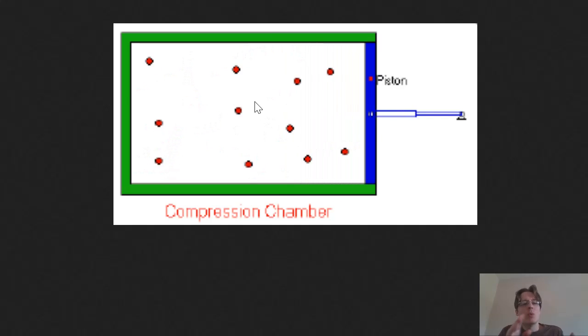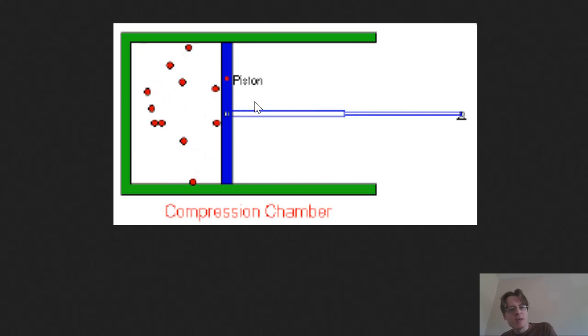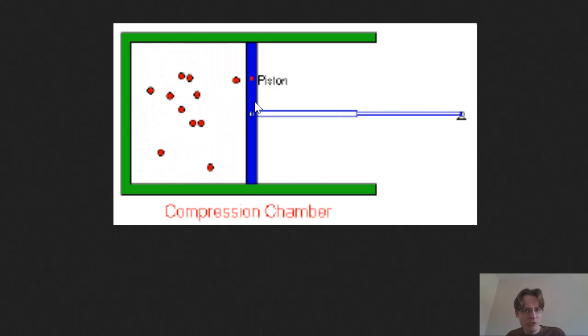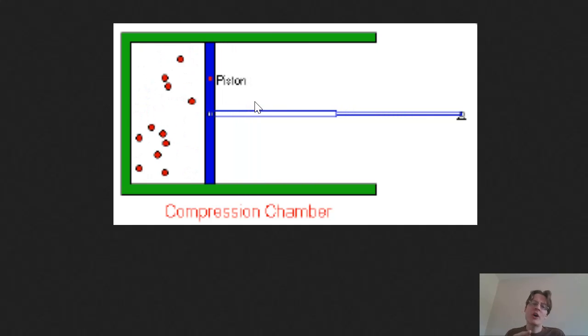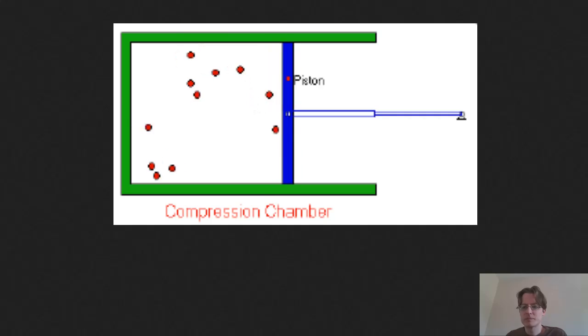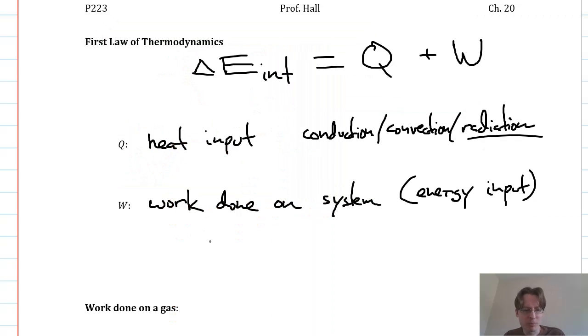But of course, when the piston recedes and the gas pushes the piston outwards, then the gas is giving up energy, and we would say the work done on it is then negative. It's helpful to put down those signs in this case. Positive, there's an energy input. Negative for output. For example, when the gas expands.